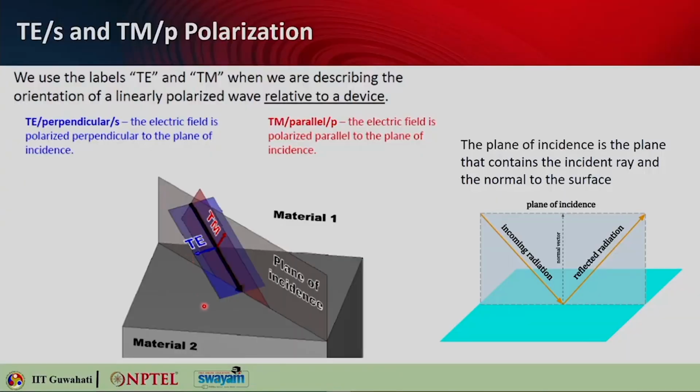Now why are we studying this? Because when a plane wave with a particular polarization is incident at the interface, the way it interacts with the interface will be slightly different for S and P polarization. That is why we have to analyze the reflection and refraction for these two polarization cases differently.